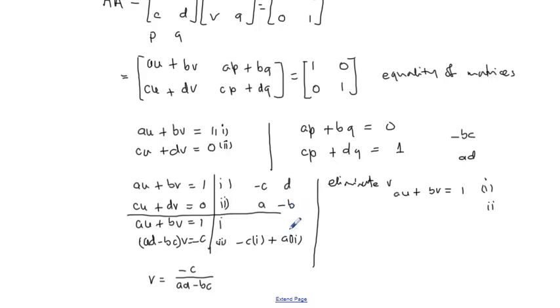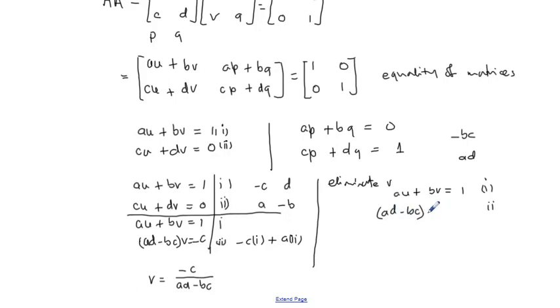Then at the top there, I'm going to have adu minus bcu. So u is a common factor, isn't it? Then I'm going to have here ad minus bc in brackets times u equals, on the right-hand side of the system, d multiplying there plus minus 0 times b, which is d.